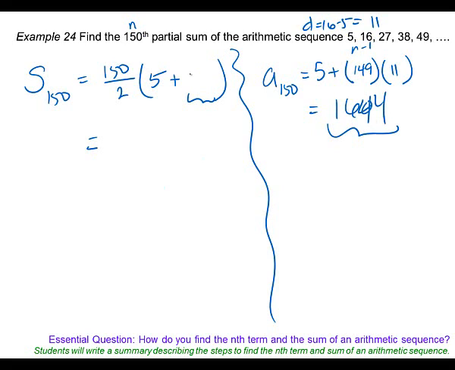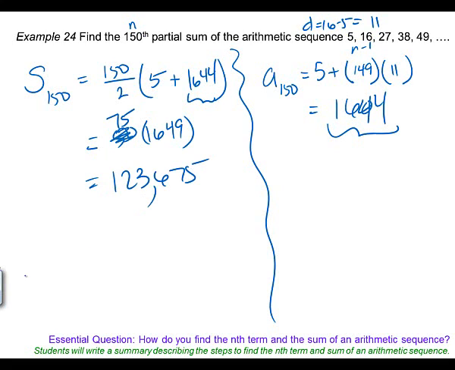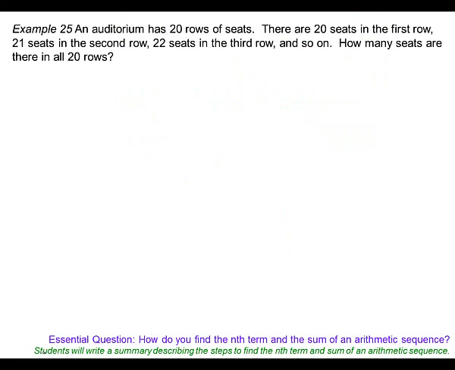All right, so 1644. All right, we had 50 times. What was this when you added it up? Did you do that? Sorry, 75. Blonde moment. All right, 1649. All right, what do we end up with when you multiplied? 675. Everybody agree? Awesome.